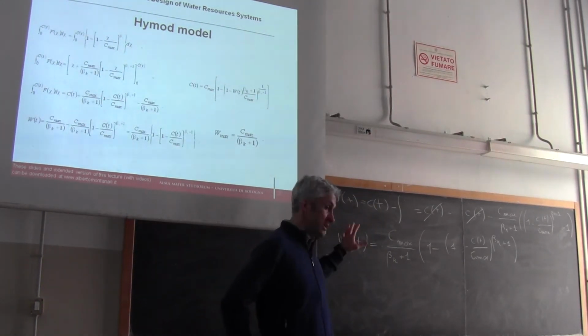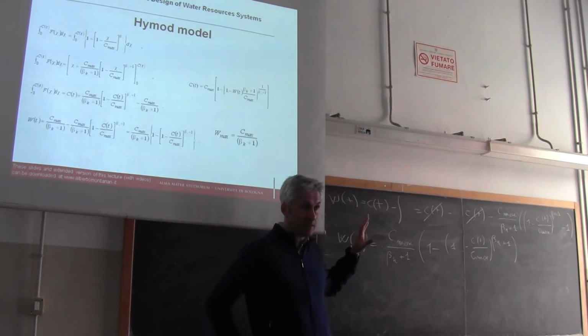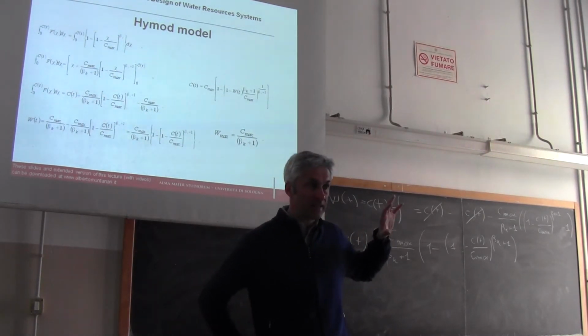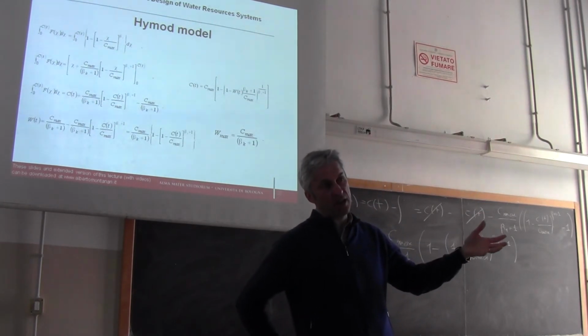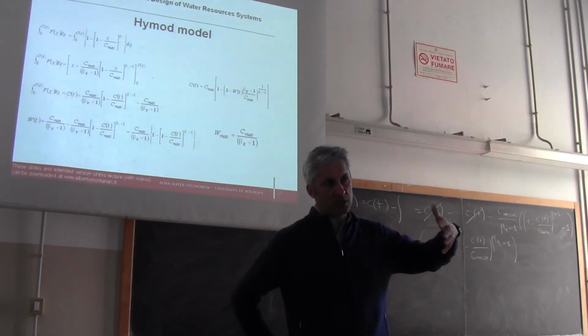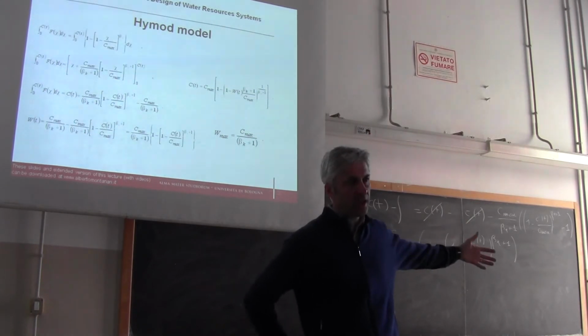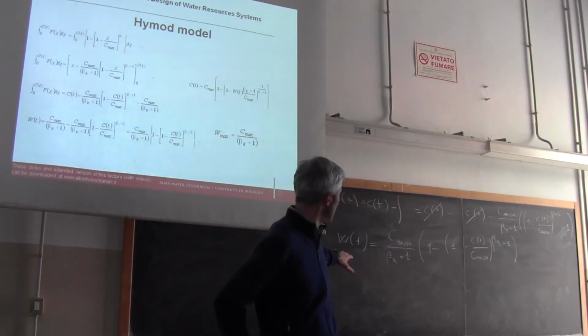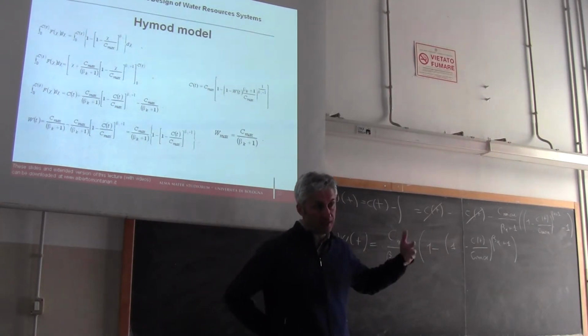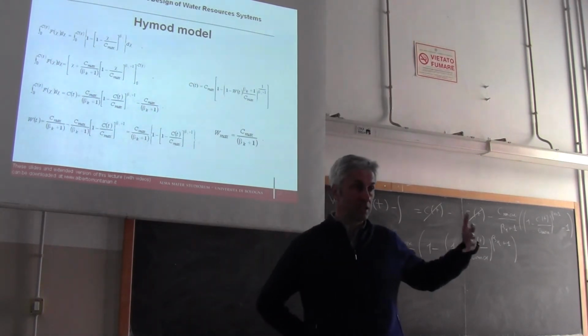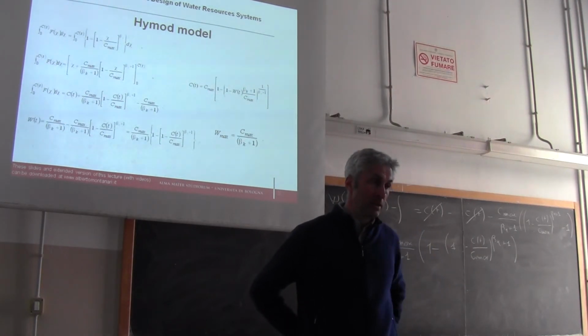In the same way here, you may change Cmax in order to adapt the model to a catchment which may have a higher potential storage with respect to others, and you may change beta k, and we know already what is the effect of varying beta k between 0 and infinity.